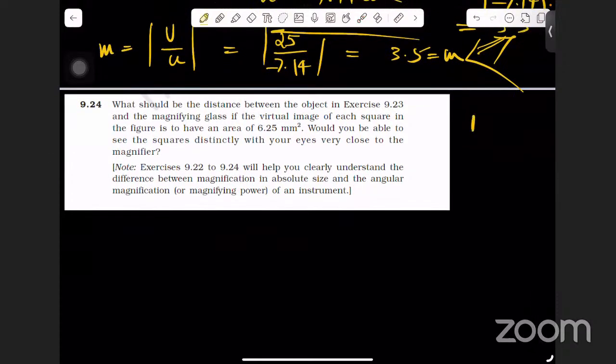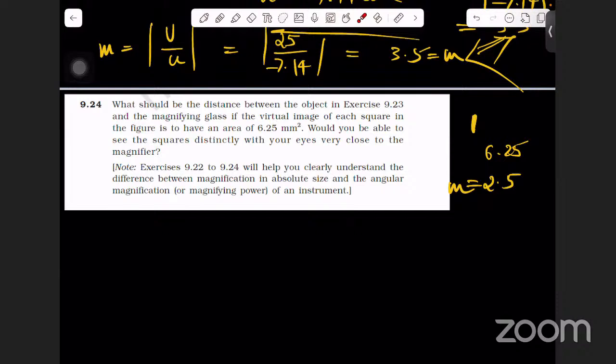Earlier it had 1 square, now it's having 6.25 square. That means the magnification is the square root of 6.25, which is 2.5 times, because each side has to be magnified by 2.5 times.